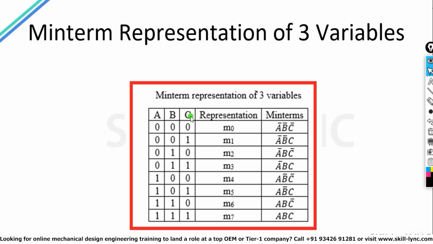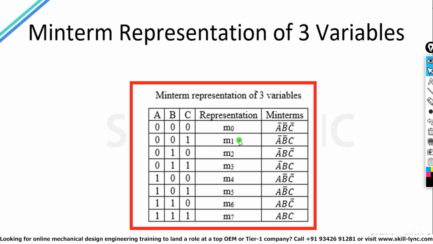Because it is a 3 variable function, it has 2 to power 3 equal to 8 values, in the range from 000 to 111. The minterms of the three variable function can be represented as m0, m1, m2, and so on till m7. The values will be either in complemented form or uncomplemented form, as shown in this table.